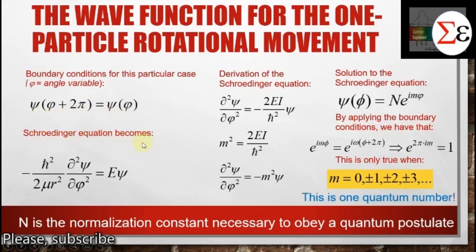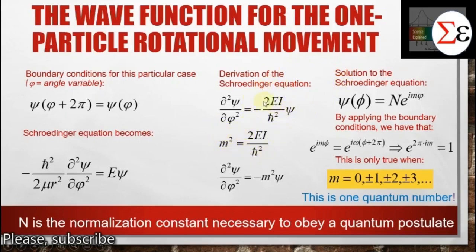Then the Schrodinger equation becomes the kinetic operator, where the only variable is the angle phi. Then we have this derivation of the Schrodinger equation given here, and we are not interested in all the details of this derivation, but it's important to see that this part is replaced.